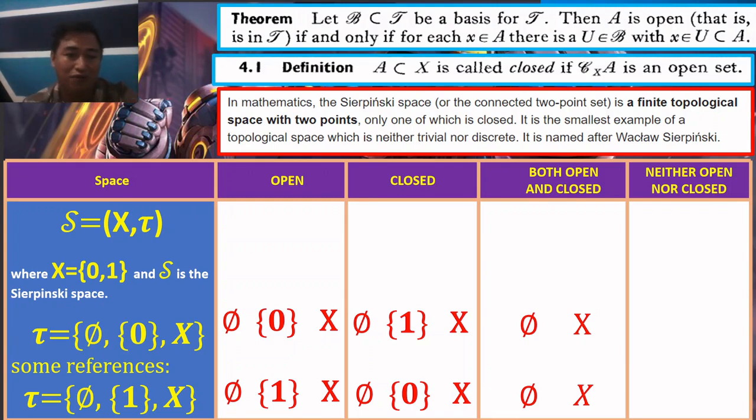So they are all open since they are elements in tau.